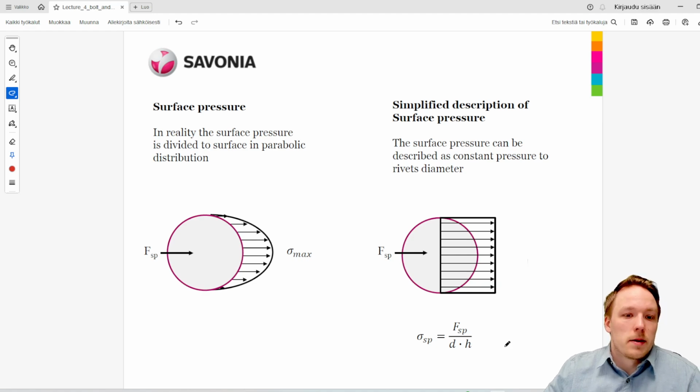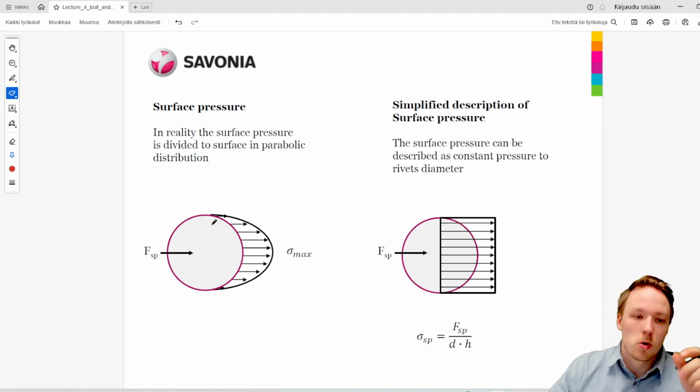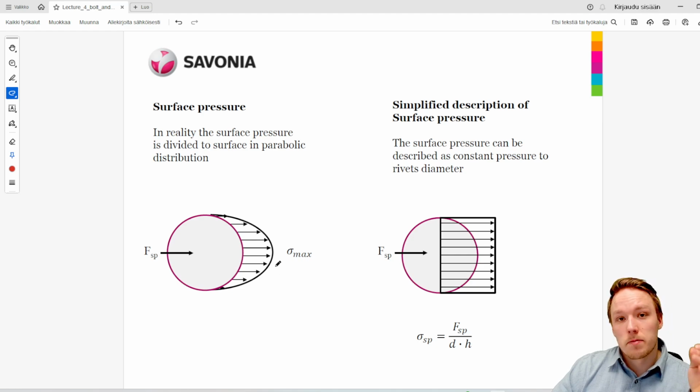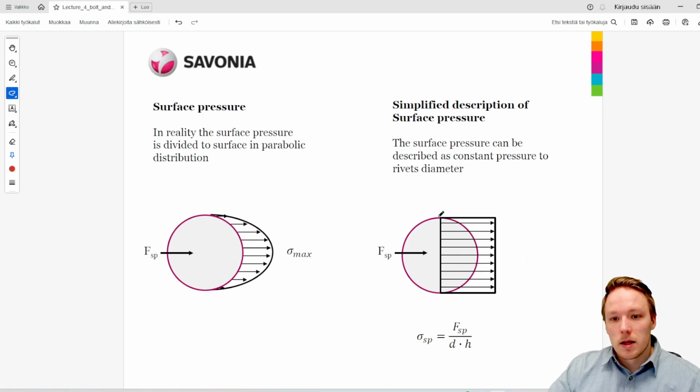In real life, the surface pressure on a cylindrical surface of a round hole, so if we have a round bolt inserted in a round hole, would get a shape like this. It would be a parabolic shape, and with our basic calculation methods we are not capable of doing such calculations. We cannot calculate this shape, and therefore we use a simplification where the force which is affecting is divided by the projected area of this bolt.